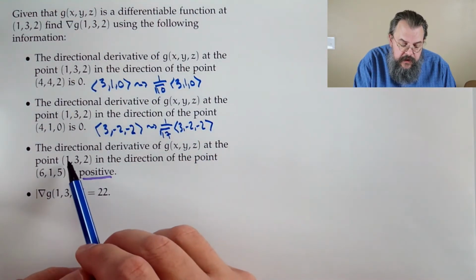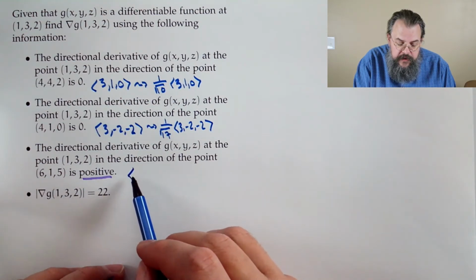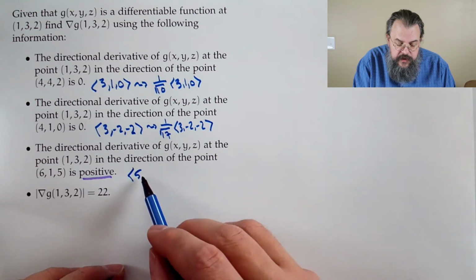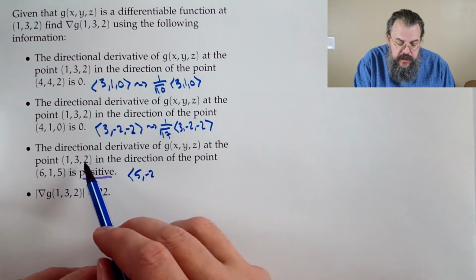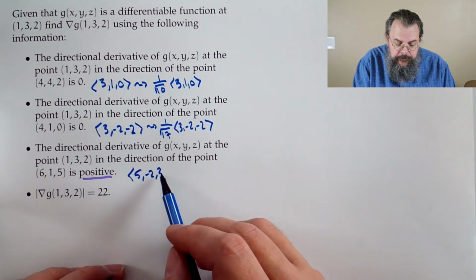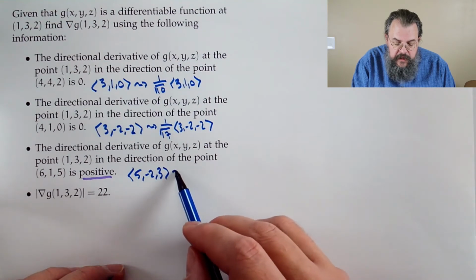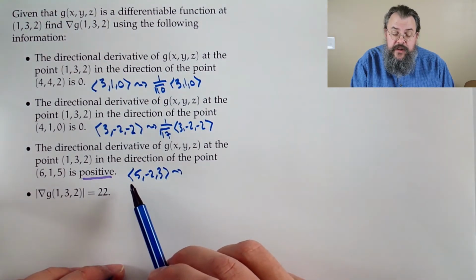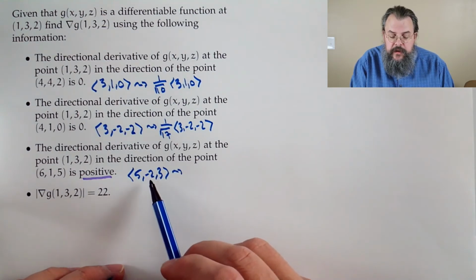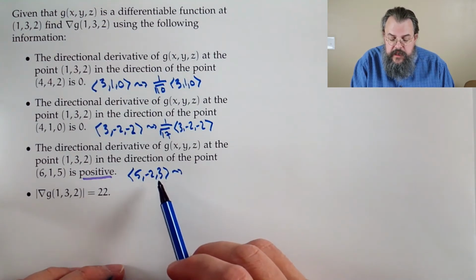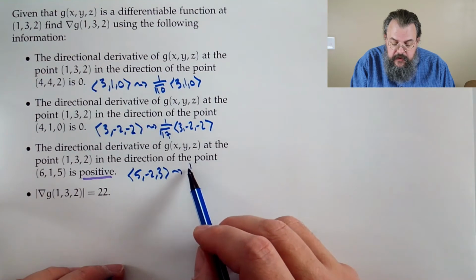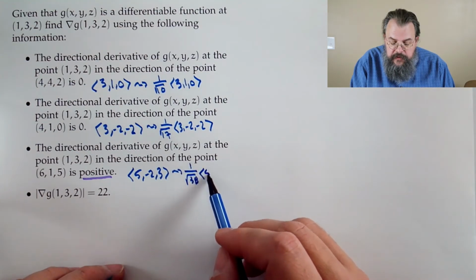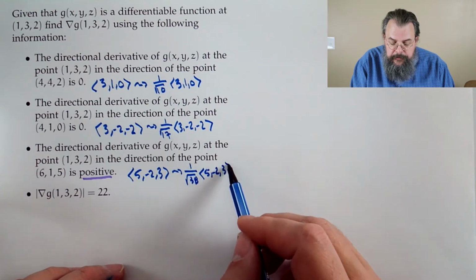And here, okay, was 5, up by 5, down by 2, and up by 3. And again, last time, find the magnitude. 25 plus 4 plus 9 makes 38. So 1 over the square root of 38 times 5, minus 2, 3.